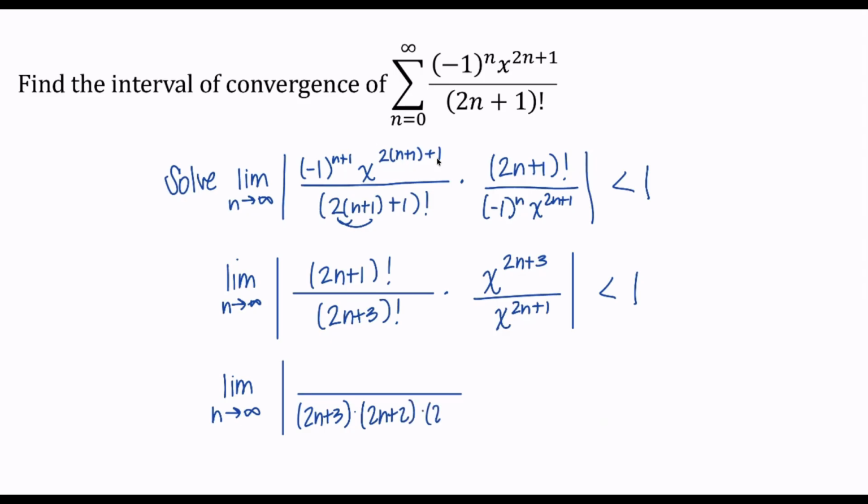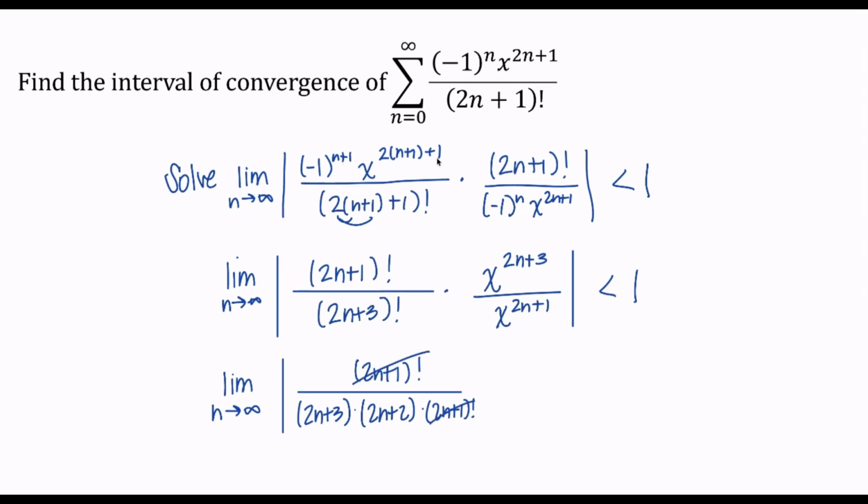And then I'd have 2n plus 1 factorial left over. So that's finally going to cancel with the 2n plus 1 factorial on the top. And then x to the 2n plus 3, that's x to the 2n times x to the 3. And on the bottom, I have x to the 2n times x to the 1. So the x to the 2n's are going to cancel.